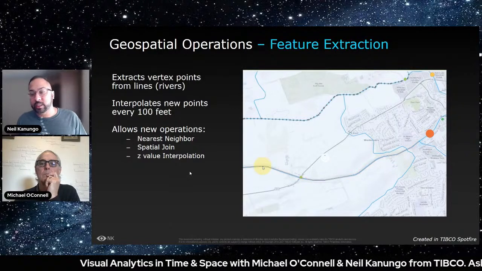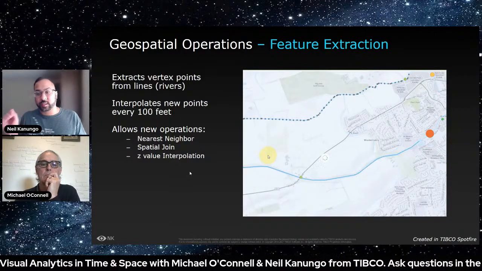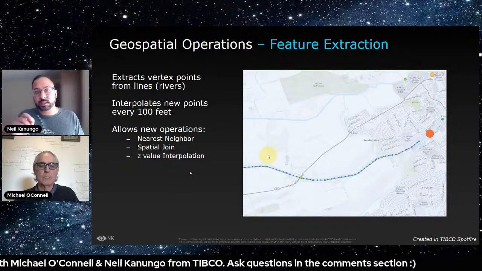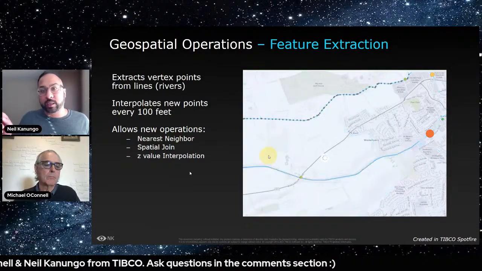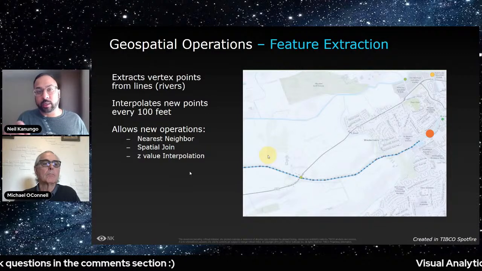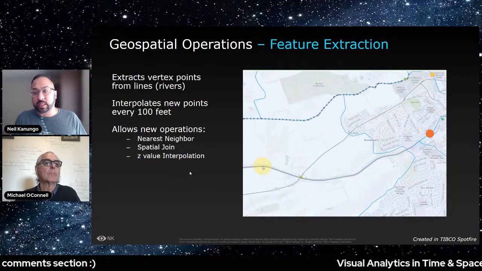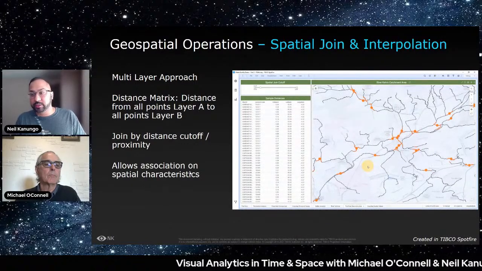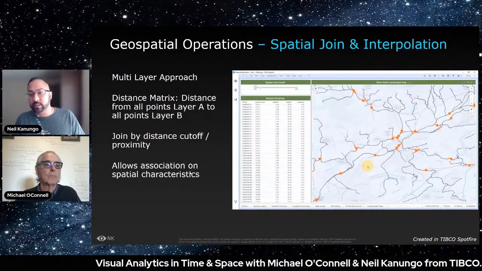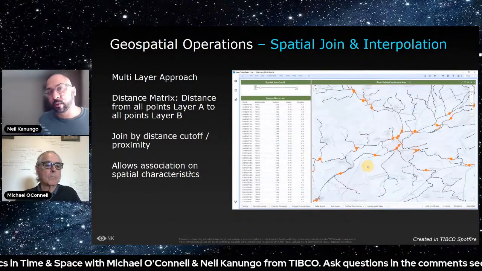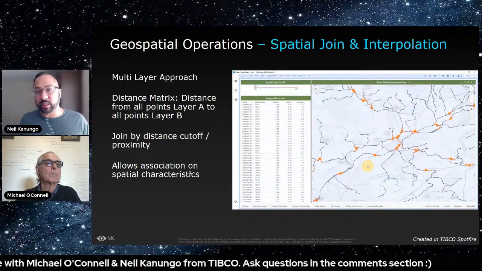What we're using is an R script that, as we click on the data, does a little calculation and says, here are all the vertices along your line. When you have a gap of over 100 feet, I'm going to interpolate a new point at every 100 feet. What that allows us to do is an actual spatial join and interpolation. So you can extract those points. What we have here with these red dots are measuring stations along a river network.